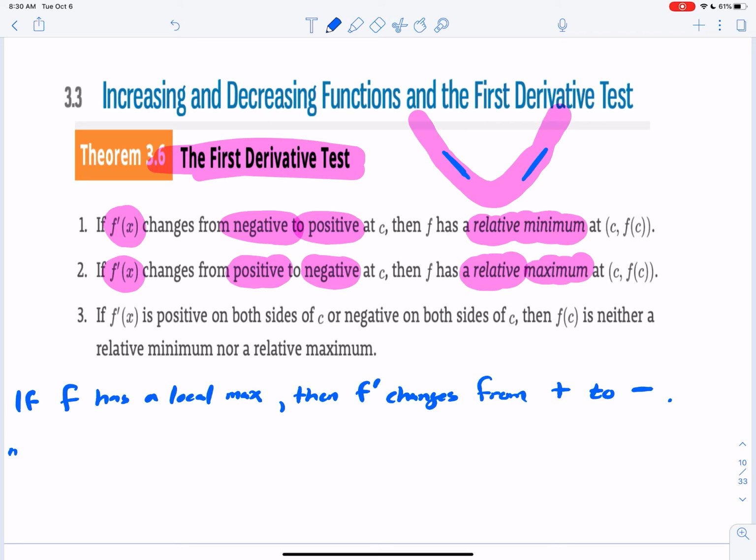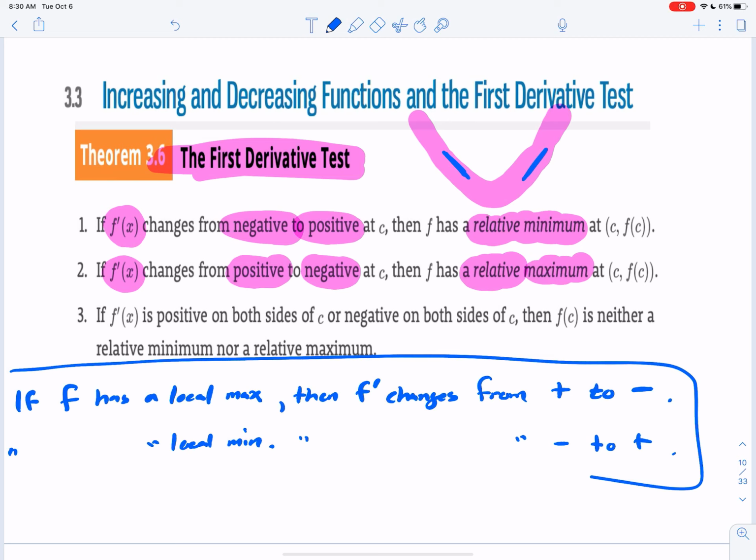If f has a local minimum, then f prime changes from negative to positive. Okay. This is formally called our first derivative test because we're using the first derivative. Okay. But it's very logical as well.